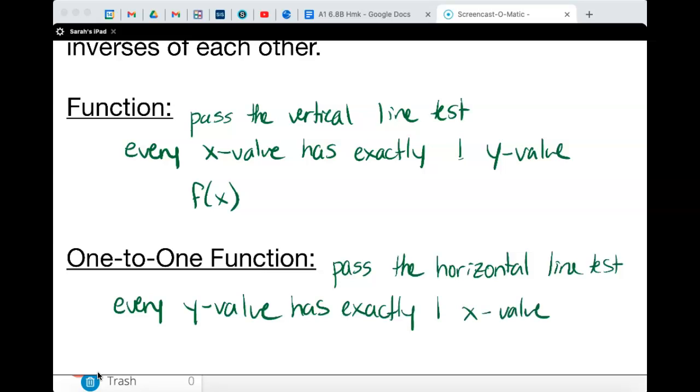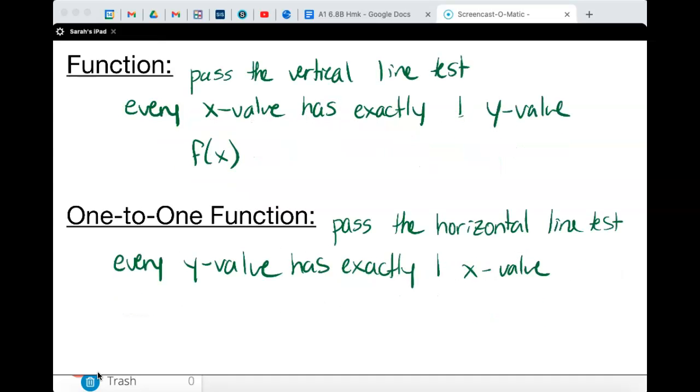And when they talk about one-to-one functions, we're basically assuming that it's already a function, so it's already every x value has one y value. Now we have to prove the opposite. Every y value has one x value. So basically, it's called one-to-one because every x has one y and every y has one x.